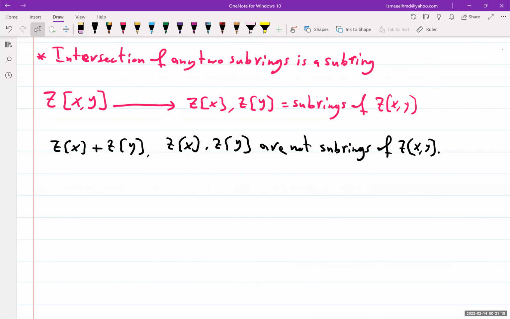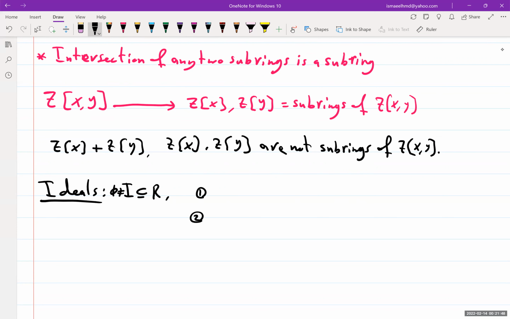Also, we have ideals in rings. A nonempty set I of a ring R is called an ideal if we have two conditions.